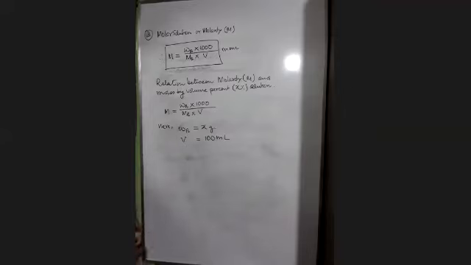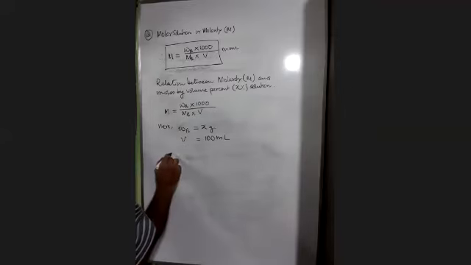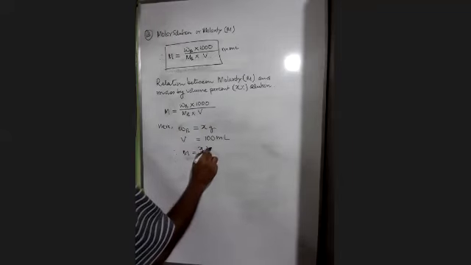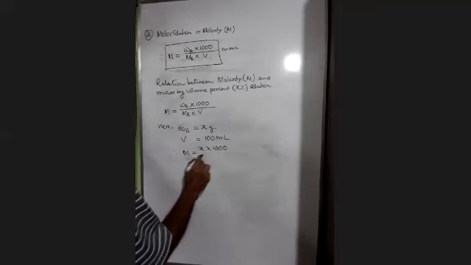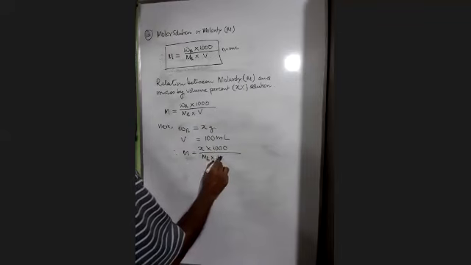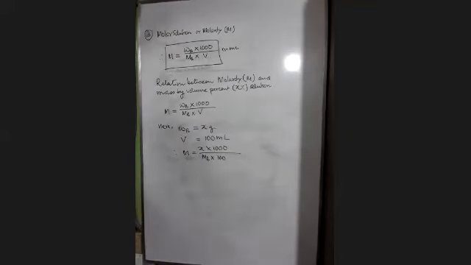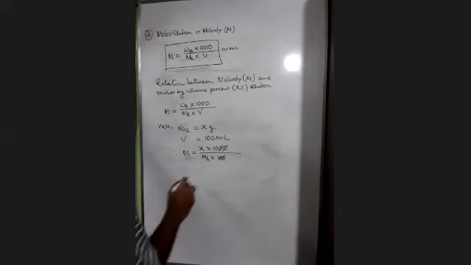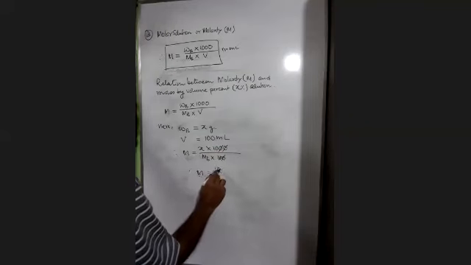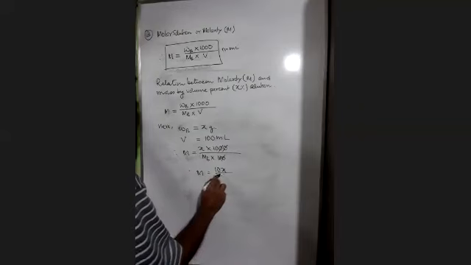We put this here. Therefore, M is equal to X into 1000 divided by MB into 100. So this and this get cancelled. Therefore, M is equal to 10x by MB.